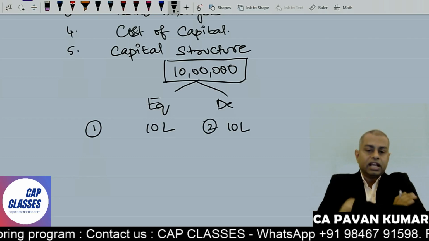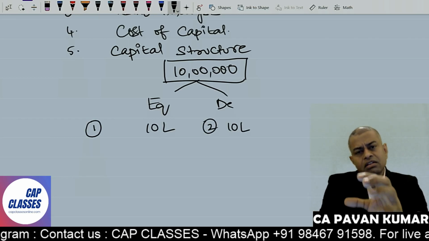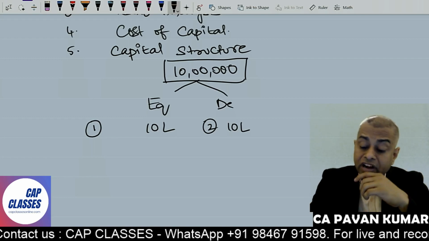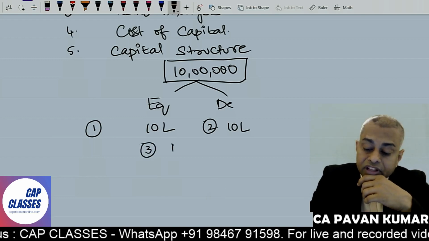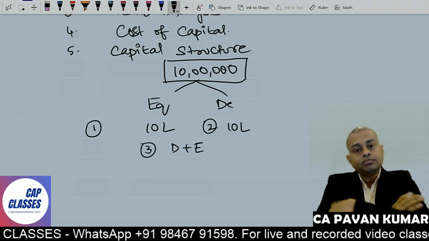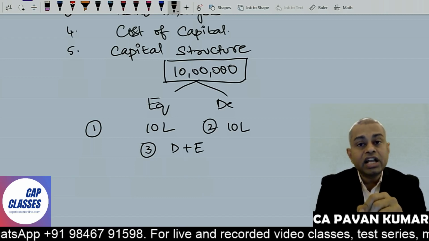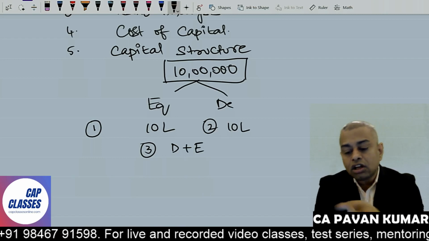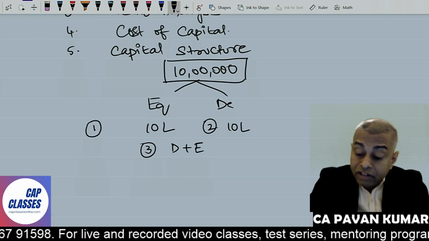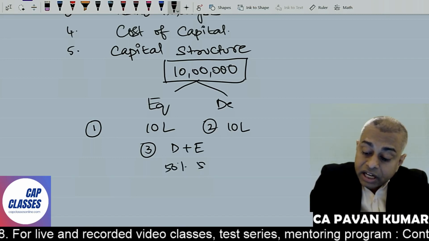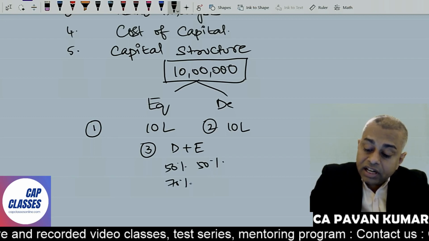Now you will come and say, Pavan sir, why 10 lakhs equity, 10 lakhs debt? Why can't there be a third option with a combination of debt and equity? Perfectly fine. But if there is a combination of debt and equity, what is the component of debt? What is the component of equity? Will you go with 50% debt, 50% equity? Will you go with 70% debt, 30% equity?